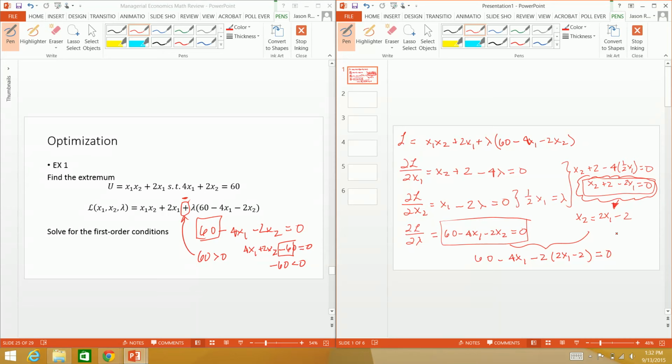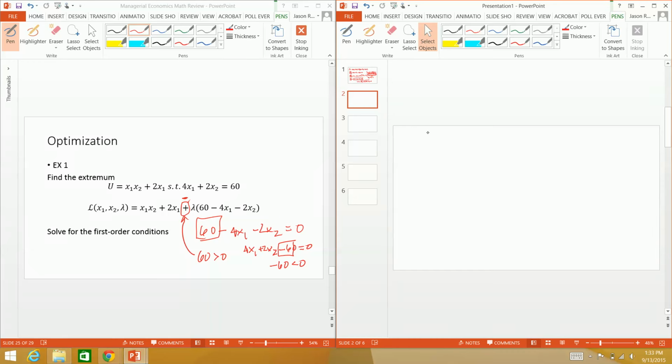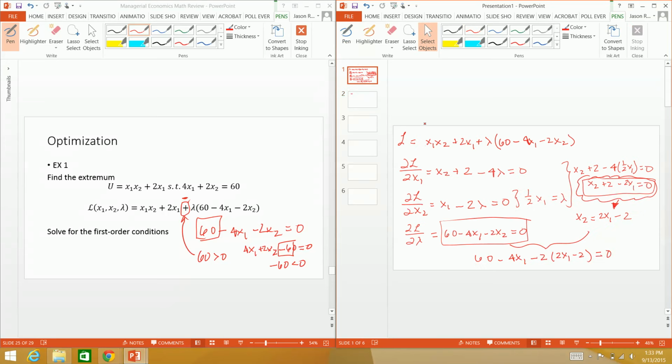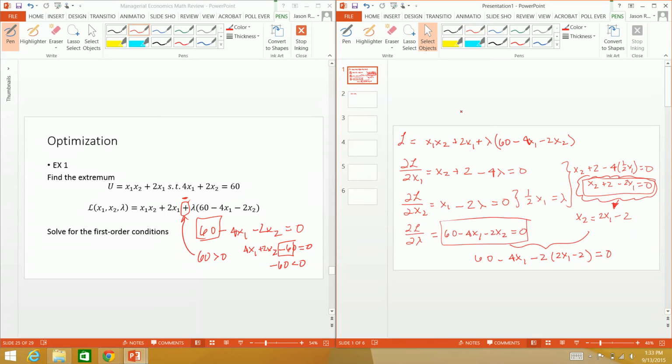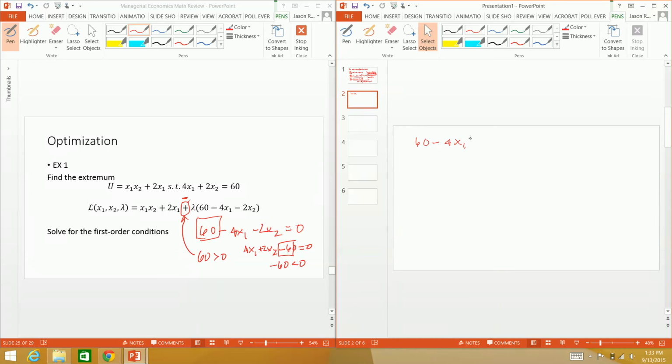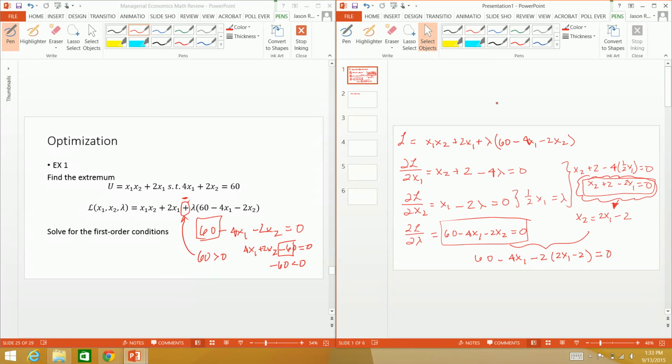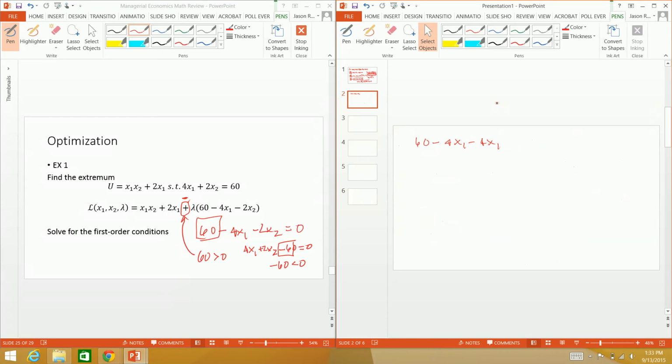So bear with me here. We have 60 minus 4x1 minus 4x1 plus 4 is equal to 0.